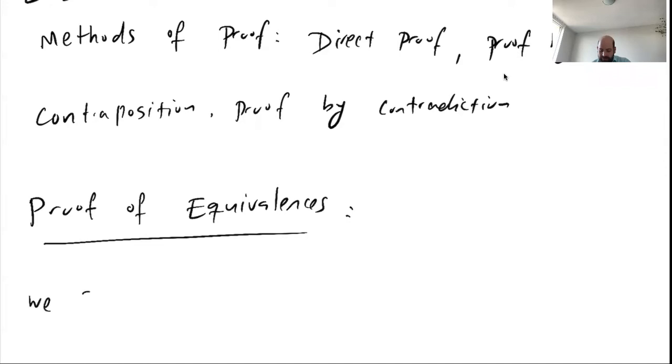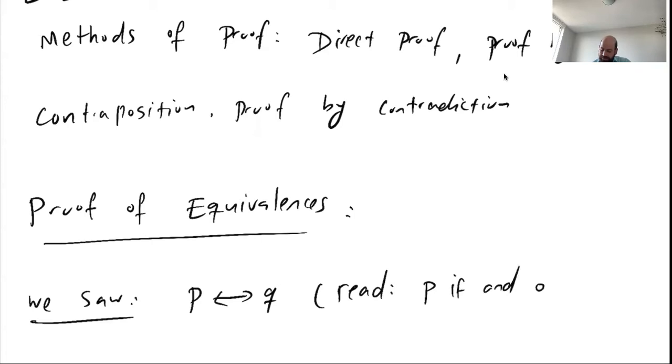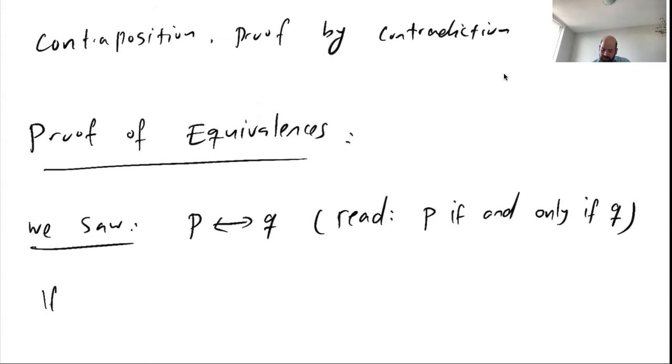So P if and only if Q means P implies Q and Q implies P. Basically every if and only if statement is two statements combined.